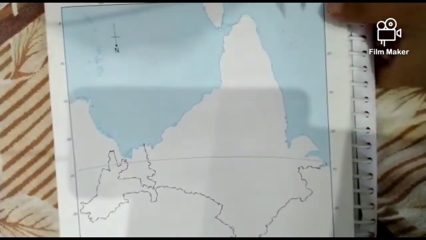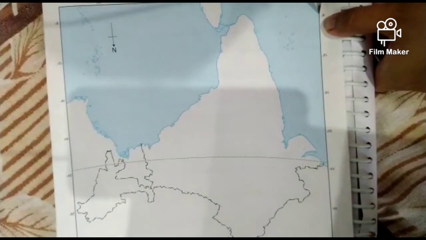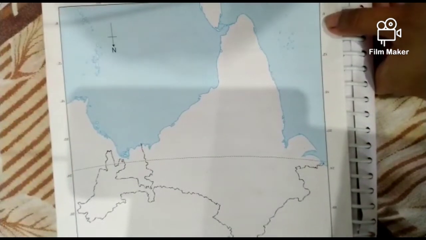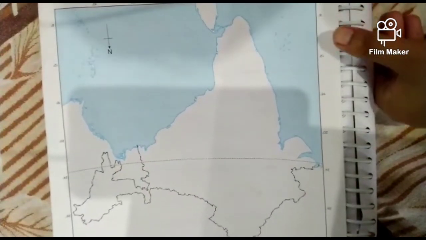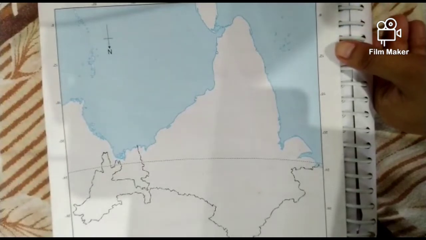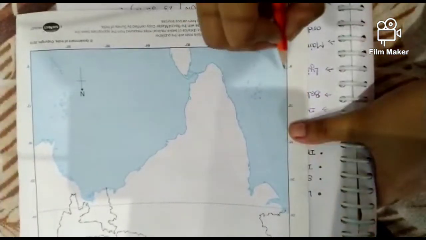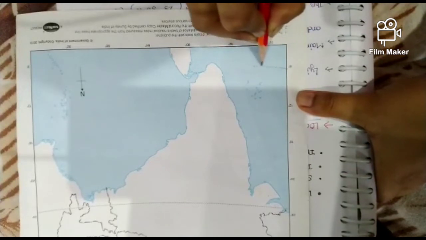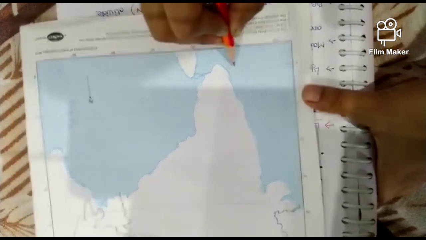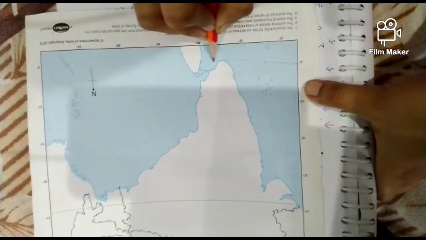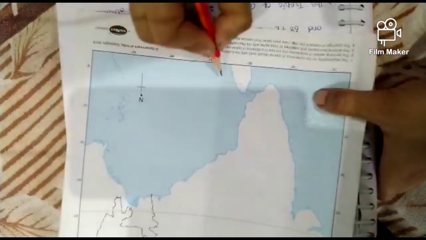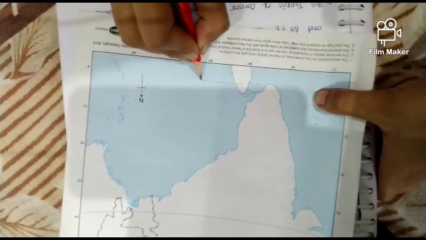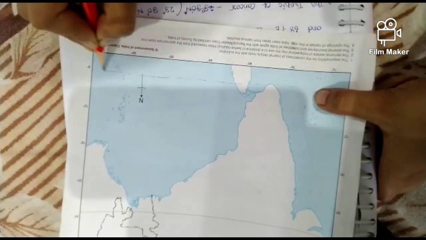To 8 degree 4 minute is the southernmost latitude. This is the southernmost mainland extent, the latitude is 8 degree 4 minute north.